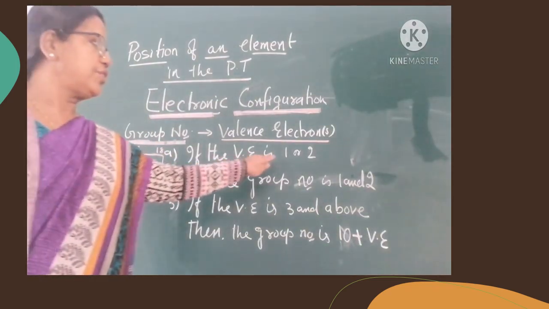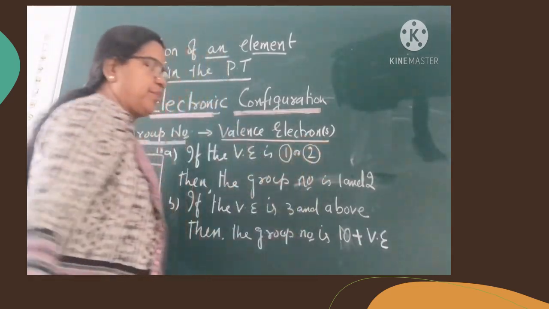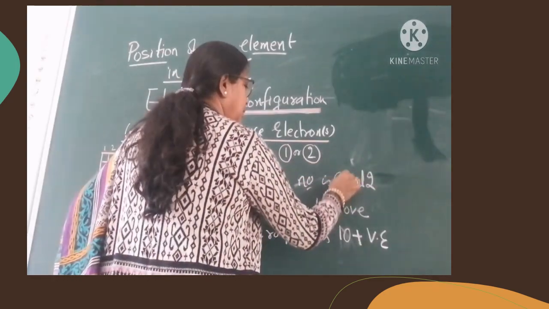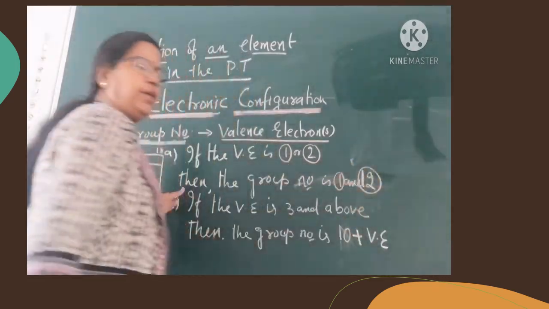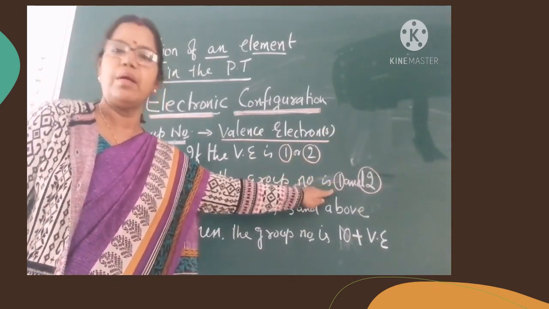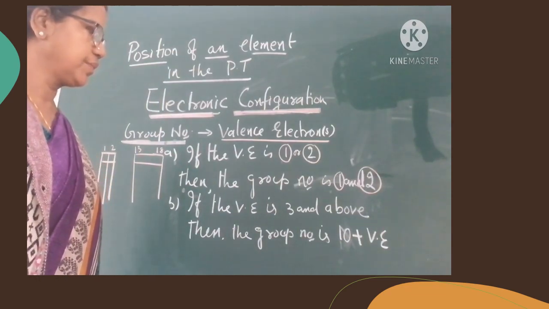If the valence electron is 1 or 2, then the group number will be 1 and 2 respectively. Elements with valence electron 1 and 2 belong to group number 1 and 2 respectively.